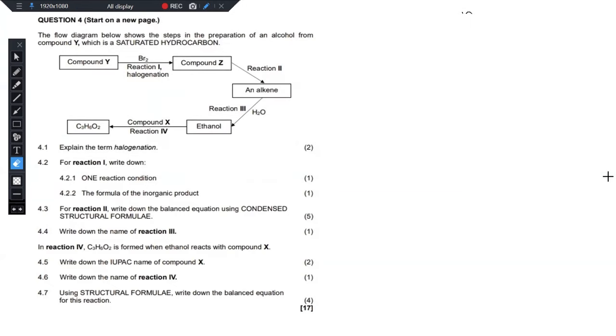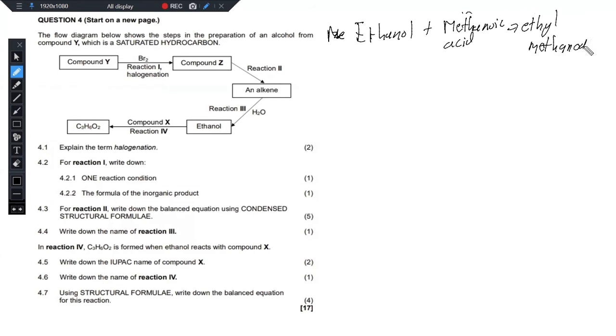Okay, using structural formulae, write down the balanced equation for this reaction. So remember, we did mention that we will be reacting our ethanol with methanoic acid, and then this should give us ethyl methanoate. So now it's just a matter of drawing all this in terms of our structural formulae.